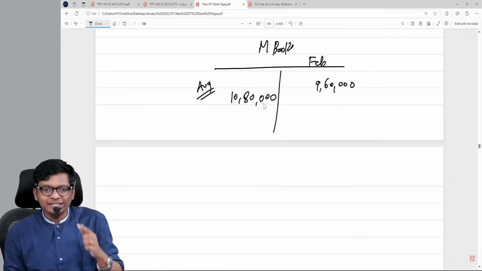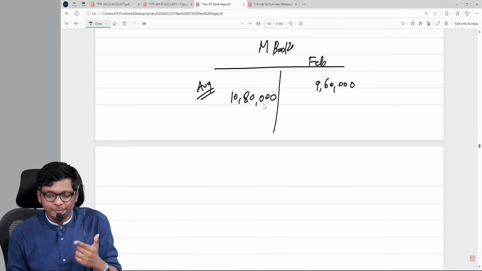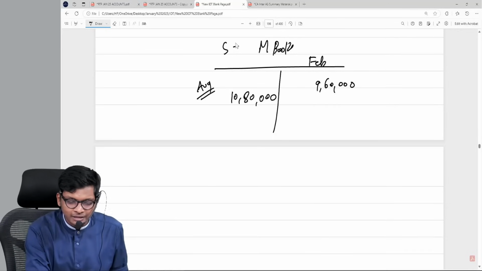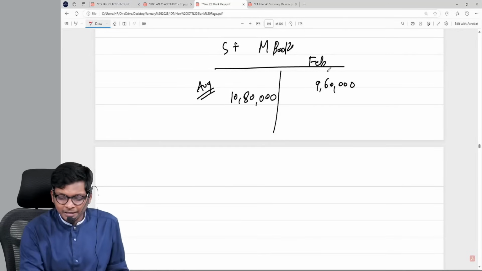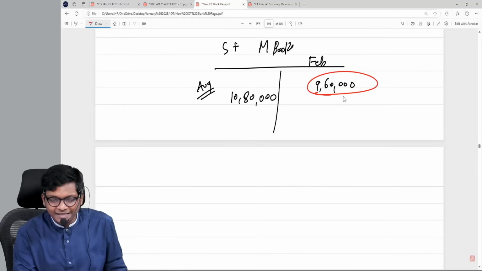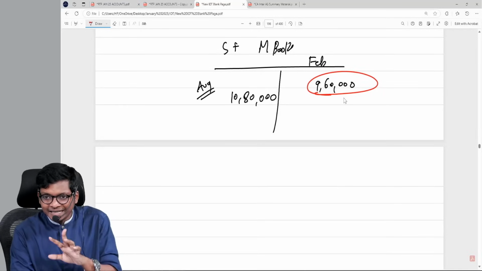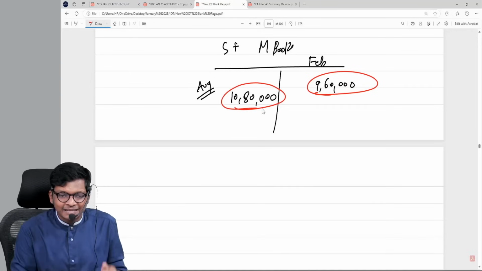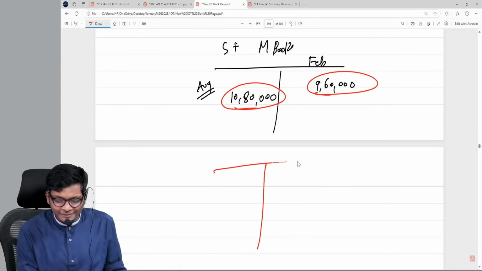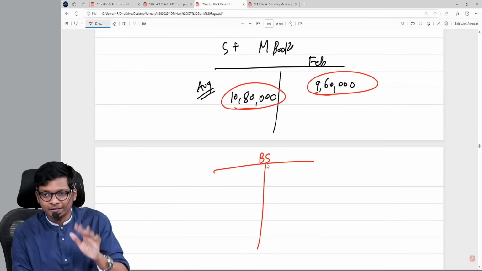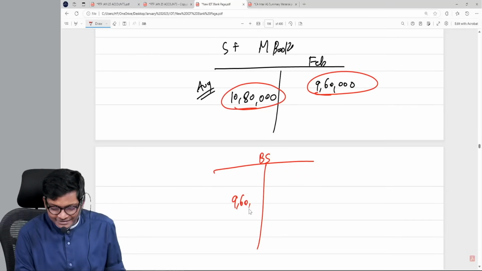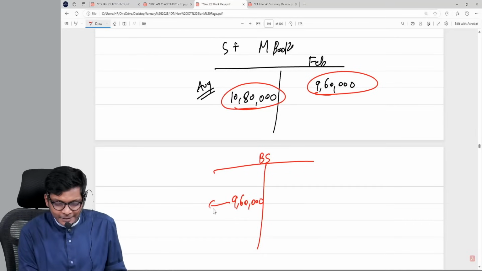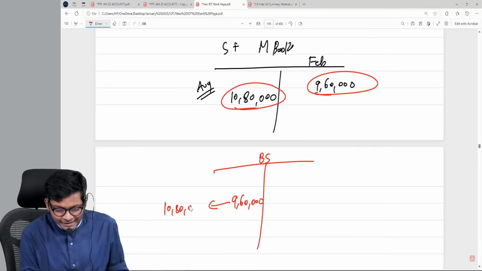In AS19, we have seen a concept called sale and leaseback. Why are M and S doing this? They are good friends. Maybe M needs money now, so he's selling for 9 lakh 60. Later, he's repaying the money as 10 lakh 80. What should have been done? They should have shown a loan of 9 lakh 60 and repaid 10 lakh 80.